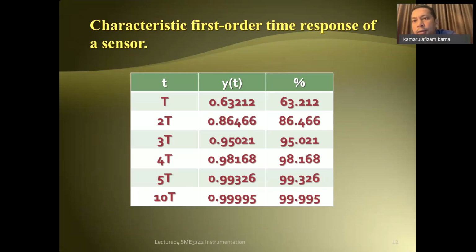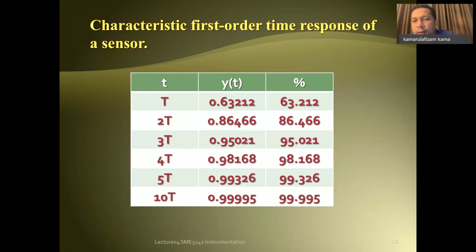If you look at this table, you have T and percent basically. This is the response of the first order system. T is 63%, 2T is 86%, 3T 95%, 4T 98%, 5T is 99%. If you go further, you are still looking at 99%.